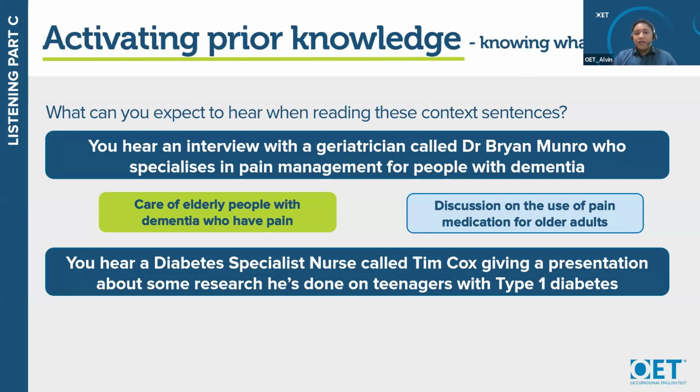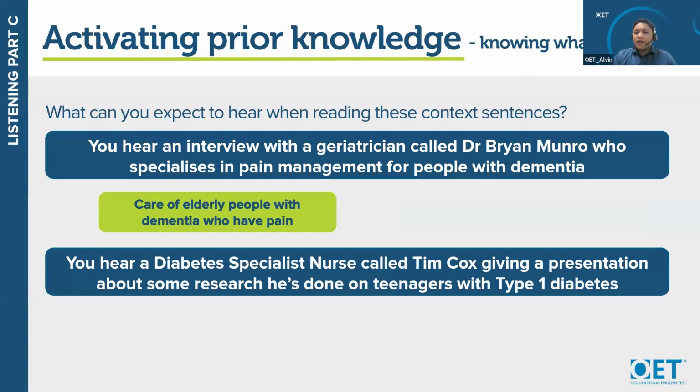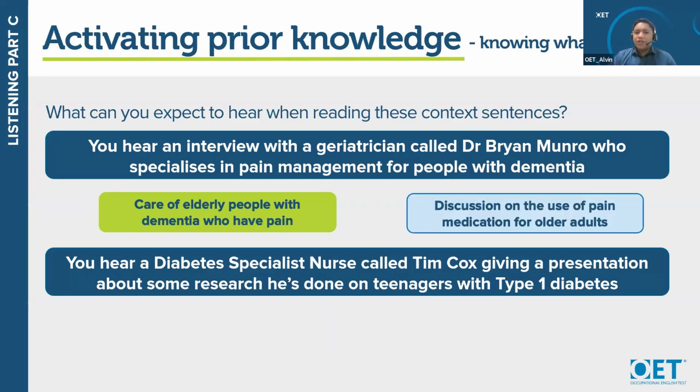So actually, the answer here is, oops, it's the green box. If you take a look at the blue box I showed you earlier, discussion on the use of pain medication, it's a little bit tricky, but this option is incorrect because it focuses solely on pain medication. But if you remember, it's more about pain management.